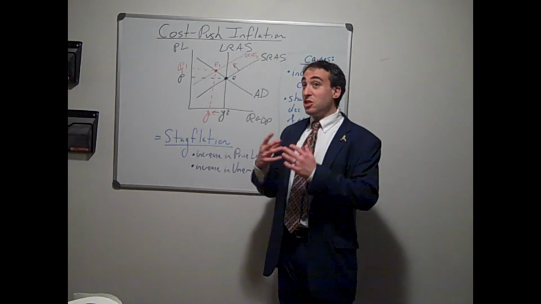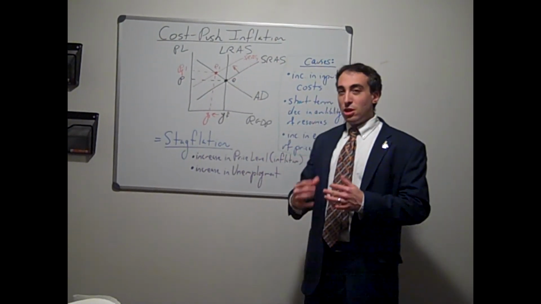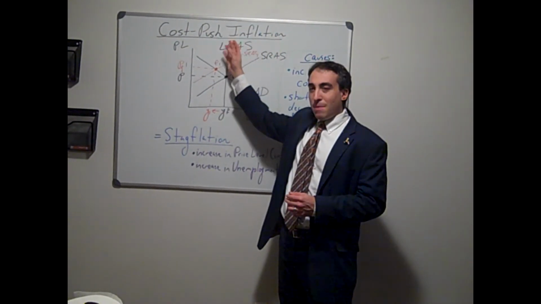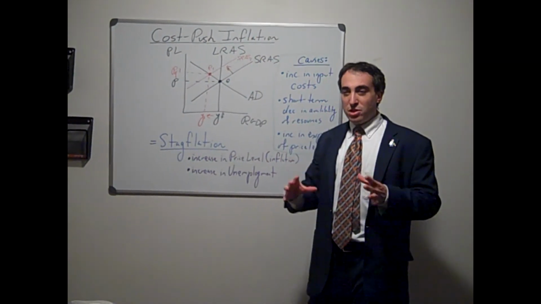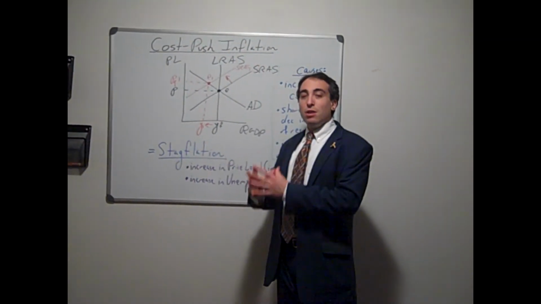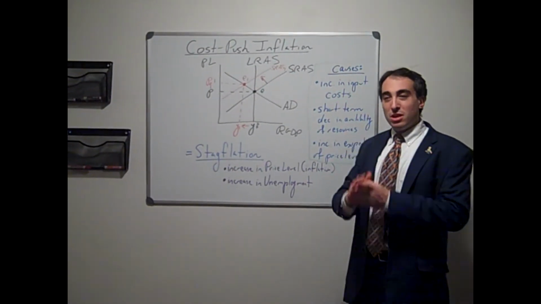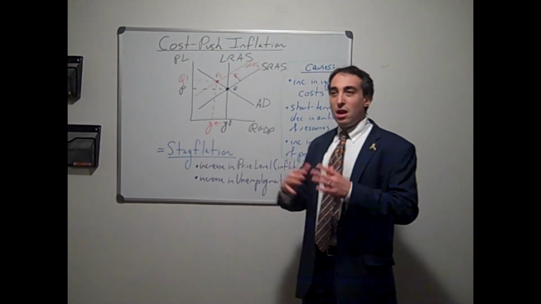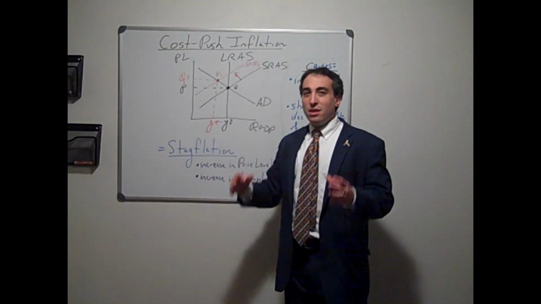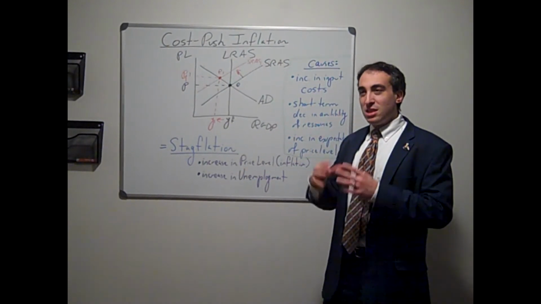The same thing that shifts the PPC also shifts long-run aggregate supply, and again, in all three examples, where we want to be remained the same, because in each example, something other than the long-term resources changed.